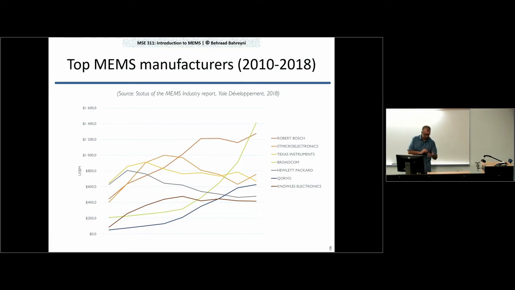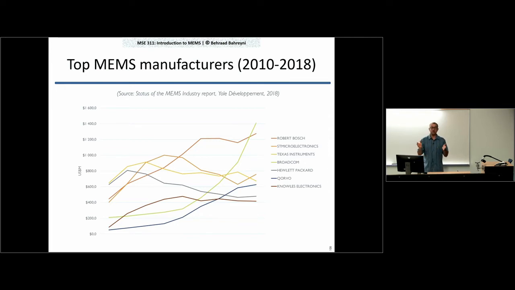So for example, Broadcom here, that is a manufacturer of RF MEMS, they were not known for making their own chips before, but now they make their own MEMS. And they're very successful because they're making all those MEMS filters. And as you can see in the chart here, all of a sudden it has pushed them up to the first place in manufacturing of MEMS devices.